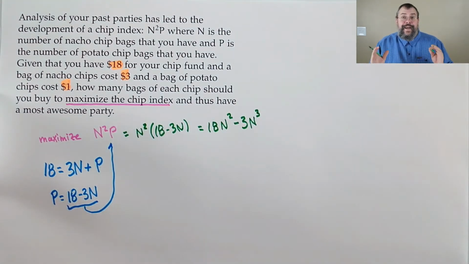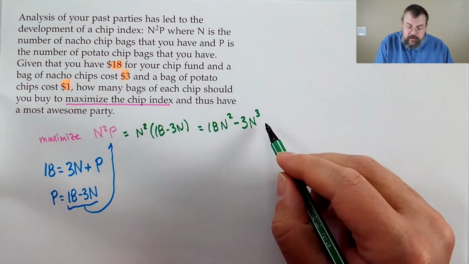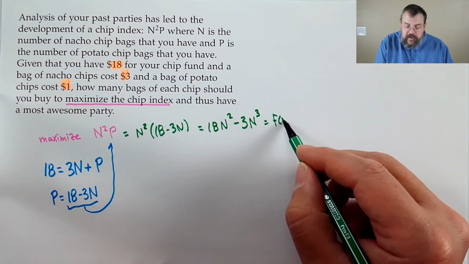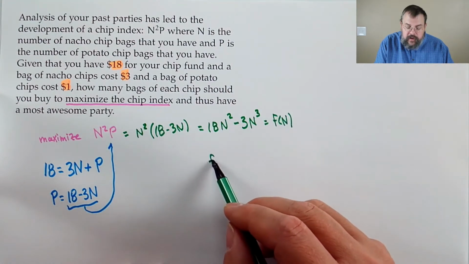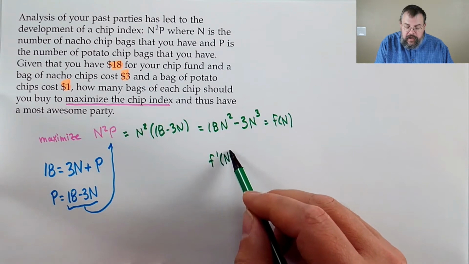All right, now we're down to one variable. So that's our function of n. Now we're ready to take our derivatives, f prime of n.